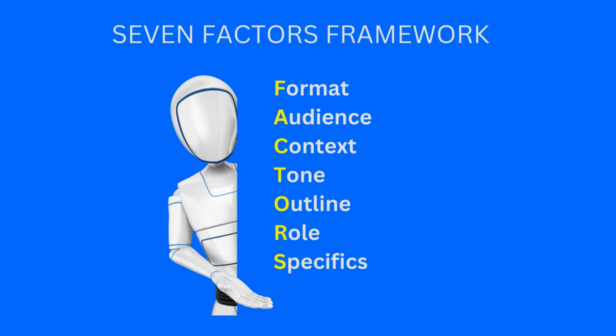You'll get a better nuanced response suitable for that audience. C stands for context. Put everything into context when you're using your AI tools so that it has a better grasp of how its responses will fit in with your needs.